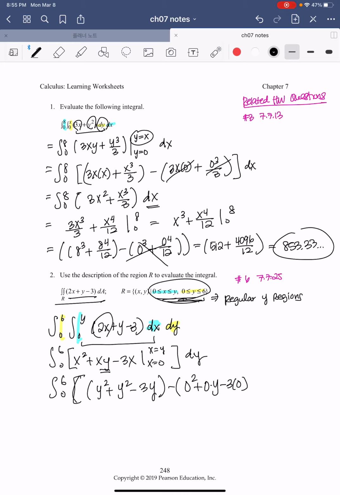In other words, it's just 0 dy. So we have 0 to 6. I have, it looks like, 2y squared minus 3y dy at the end, right? This one is a 0. I have 2y squared minus 3y.